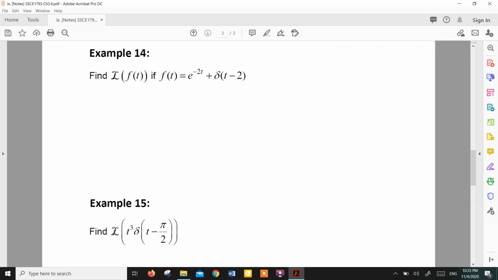So for this one, the Laplace transform of f(t) equals to the Laplace transform of e to the negative 2t plus the Laplace transform of delta(t minus a), right?